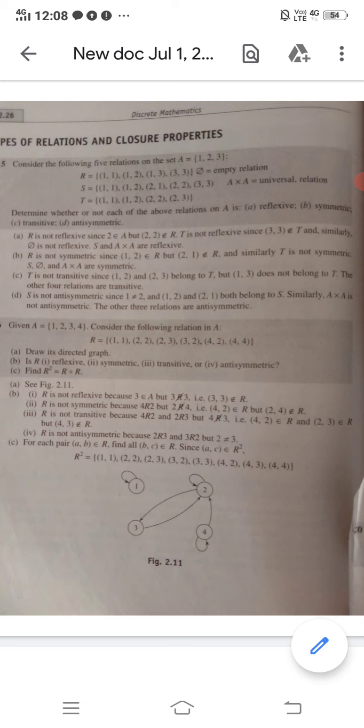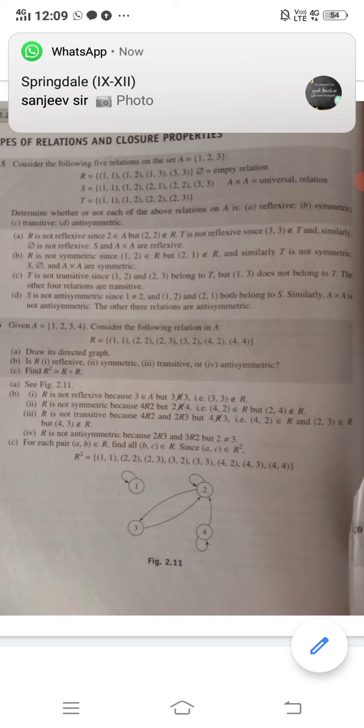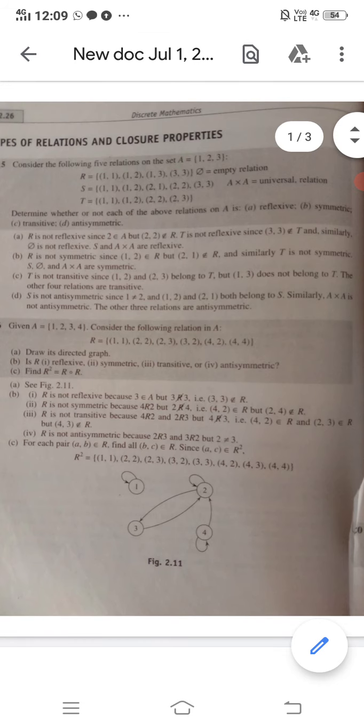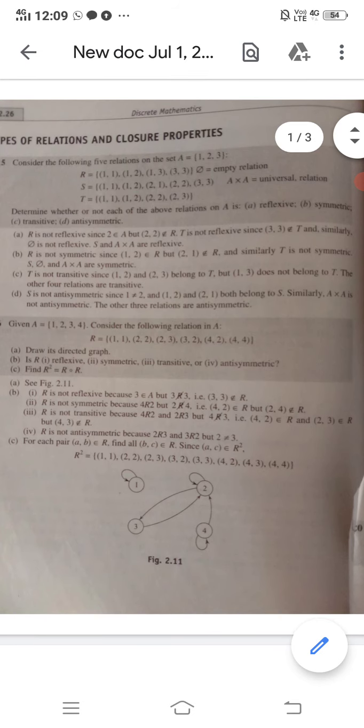Let's check transitive. Is it transitive? (4,2) is here. First of all, learn the condition of transitive. If (a, b) is here and (b, c) is also here, then (a, c) should be there in transitive. So we can see (4,2) is here. (2,3) is also here, but (4,3) is not here, so it is not transitive again.